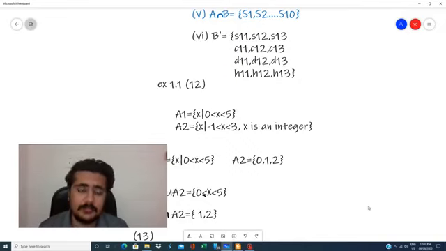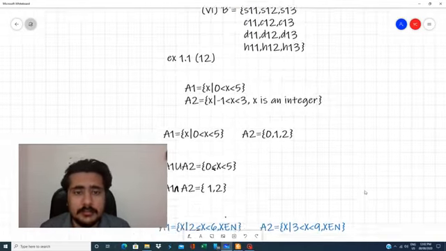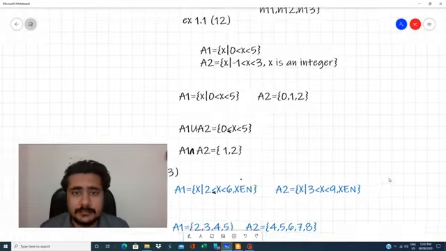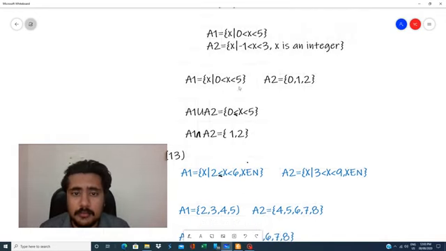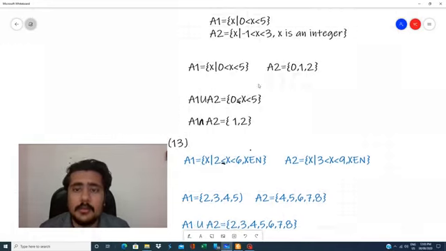Then in exercise 1.1 in 12th sum, we have seen that A1 is from 0 to 5 and A2 is from -1 to 3. So if you combine both in union, you can see that A1 is 0 to 5 and A2 is actually an integer. So A2 is 0, 1, 2. So if you combine, it would be 0 to 5.